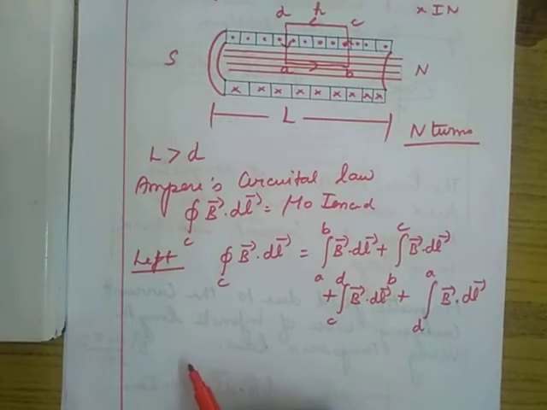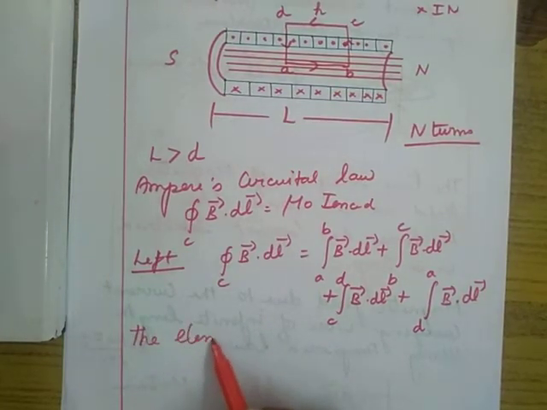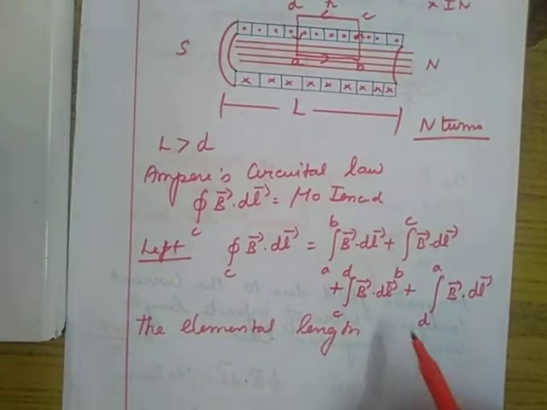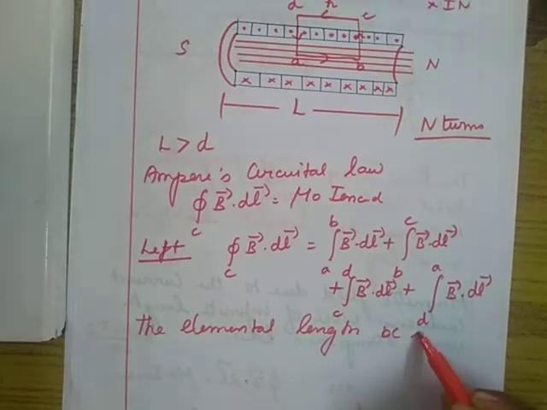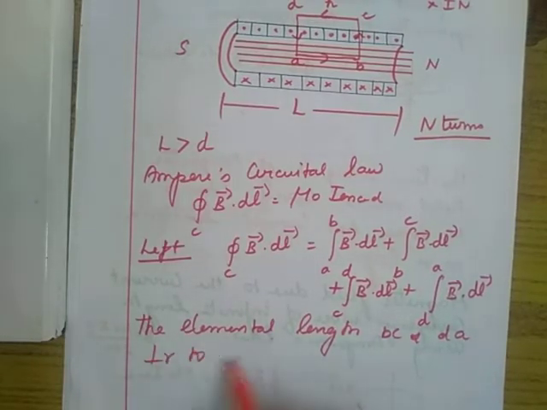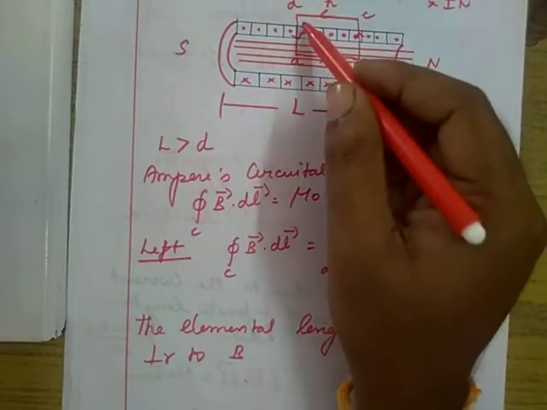Here the second and fourth length elements, BC and DA, are perpendicular to the magnetic field.